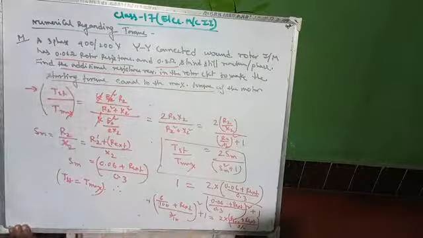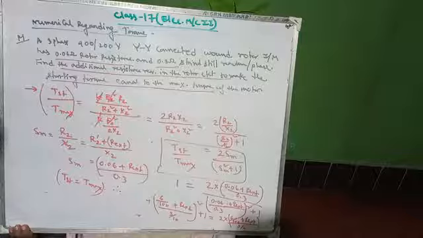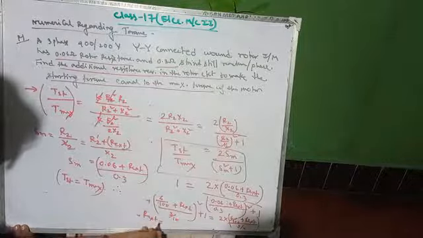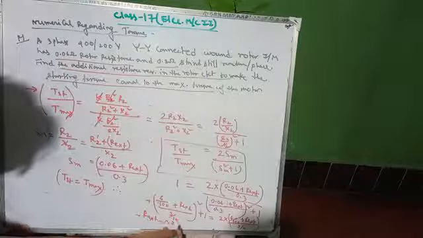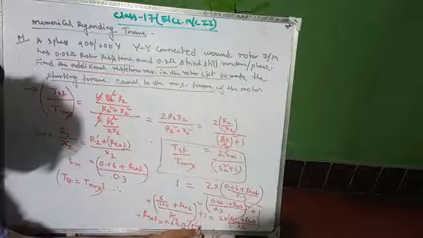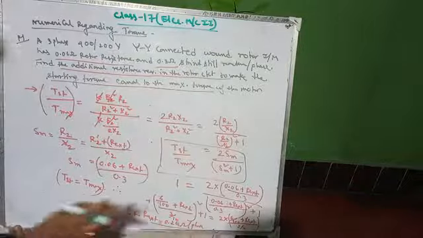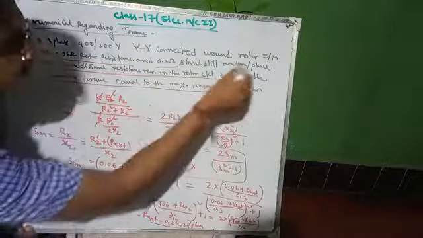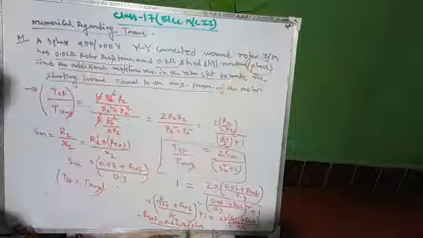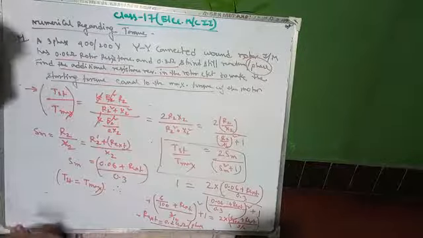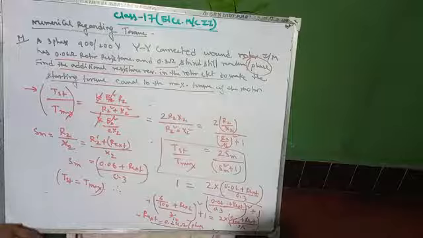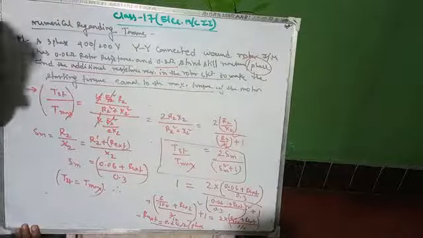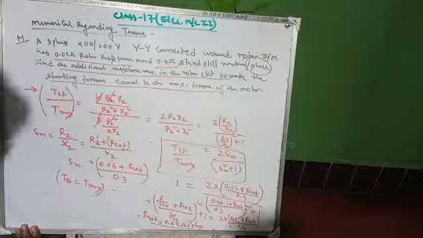By solving it you can get, please verify by yourself, Rext equals 0.24 ohm per phase. As the values are given per phase, the result will be per phase, that is in each phase you have to connect 0.24 ohm resistance.